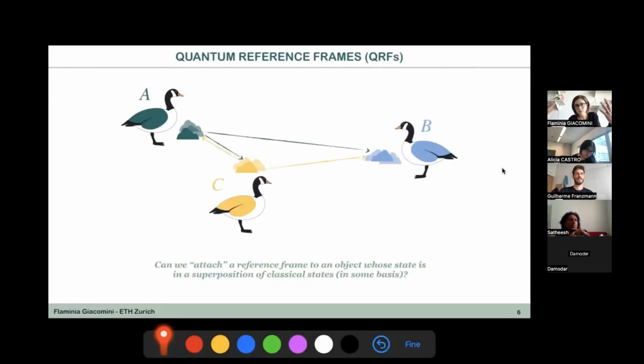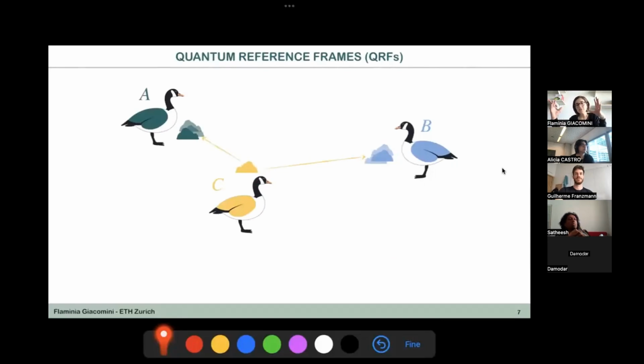Then the question that I want to ask is, can I center my quantum reference frame on top of this quantum system? Can I attach a reference frame to an object that is in a superposition of classical states in some basis? So a superposition of positions, superposition of velocities. Can I do something like that? The answer is going to be yes, but let's see how we're going to do that.